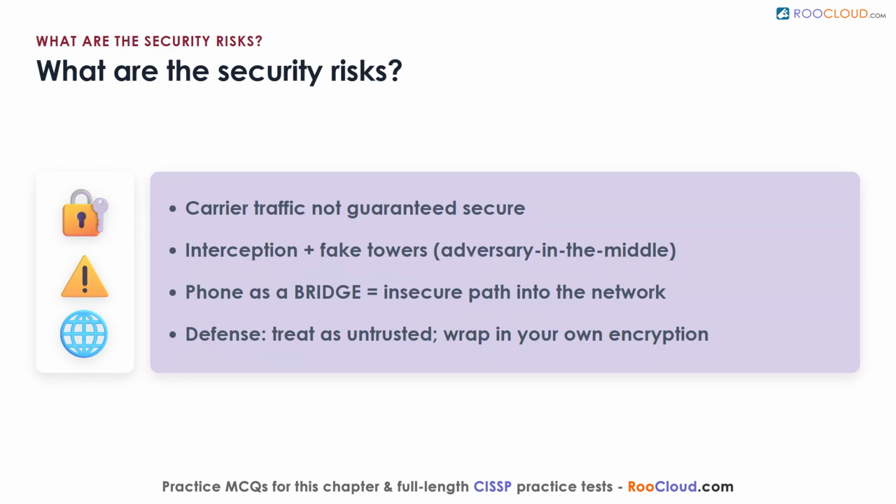Third, and most dangerous for you, using a phone's connection to reach the internet or the office turns that device into a potential bridge, quietly opening an insecure path into the company network. The defense is to treat these devices as untrusted entry points and wrap their sensitive traffic in your own encryption. Think of a side gate someone props open for convenience, unaware it lets strangers walk straight into the yard.